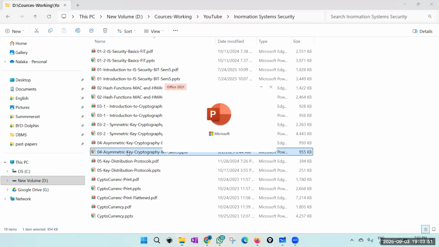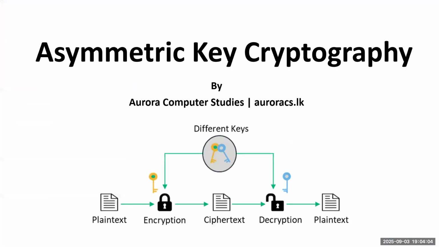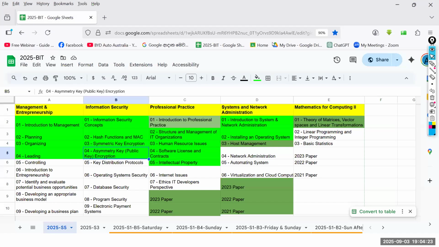Right. Asymmetric key cryptography. We have started the topic, so we just need to pick from where we stopped. So remember, in symmetric key cryptography, we use the same key for both encryption and decryption, which is more efficient, simple, but there's a big issue, that is basically you share your secret with the other party.